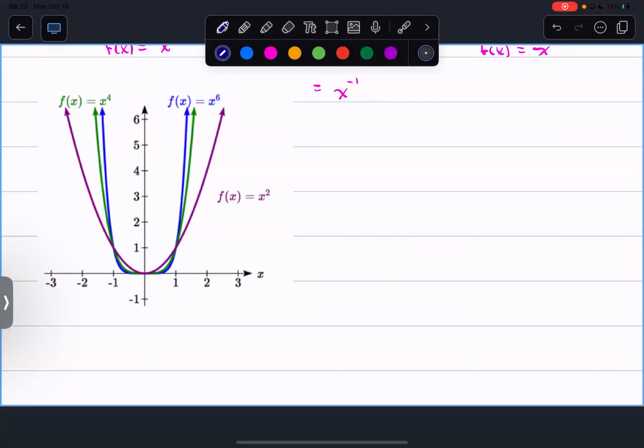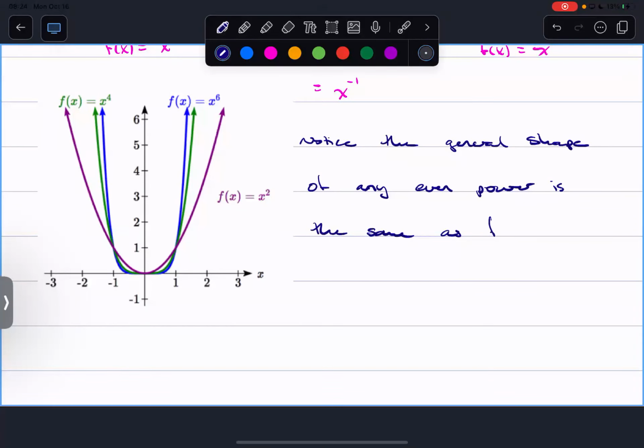Okay, so notice the general shape of, and this is true for any even power, is pretty well the same. For any even power it is the same as f of x equals x squared.